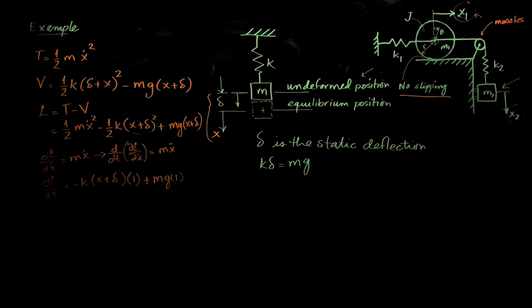Okay. Now, expanding the terms, we get negative k x negative k delta plus m times g. But mg is equal to k times delta, so I can cancel mg and k delta.